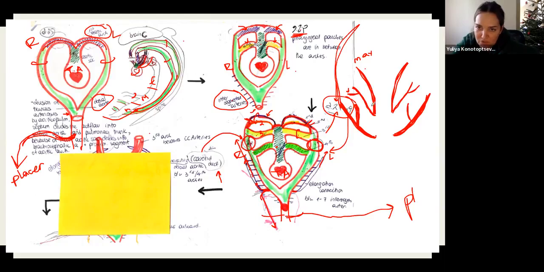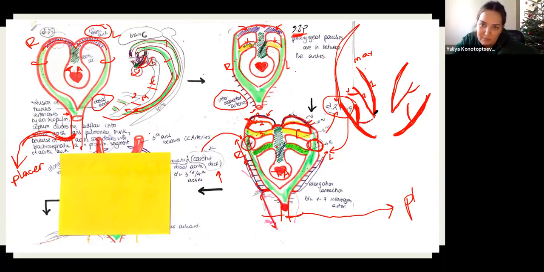And the moment external carotid appears, this was first aortic arch that became maxillary. And this was second aortic arch that became hyoid and stapedial. The moment external carotid artery appears, these two vessels will try to find the connection to it.